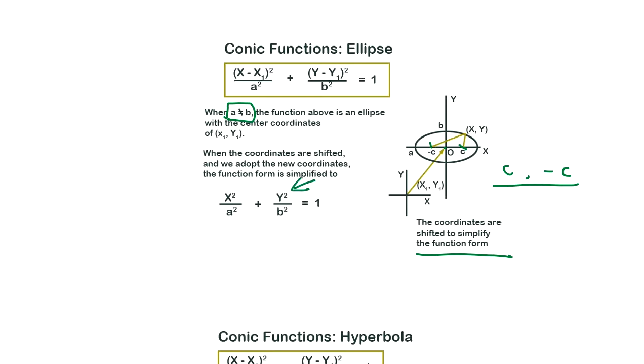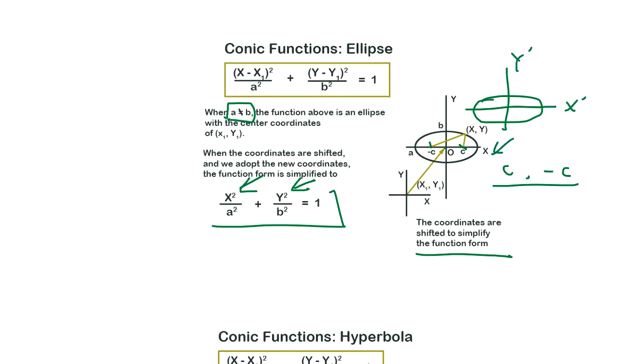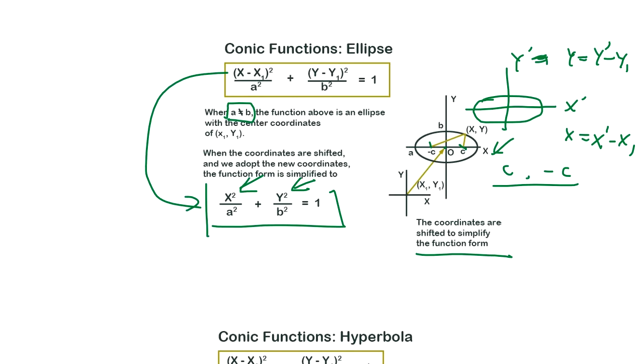So when you move the ellipse and change the coordinate, y prime equals y minus y1 and x prime equals x minus x1, then this changes to this simple form.